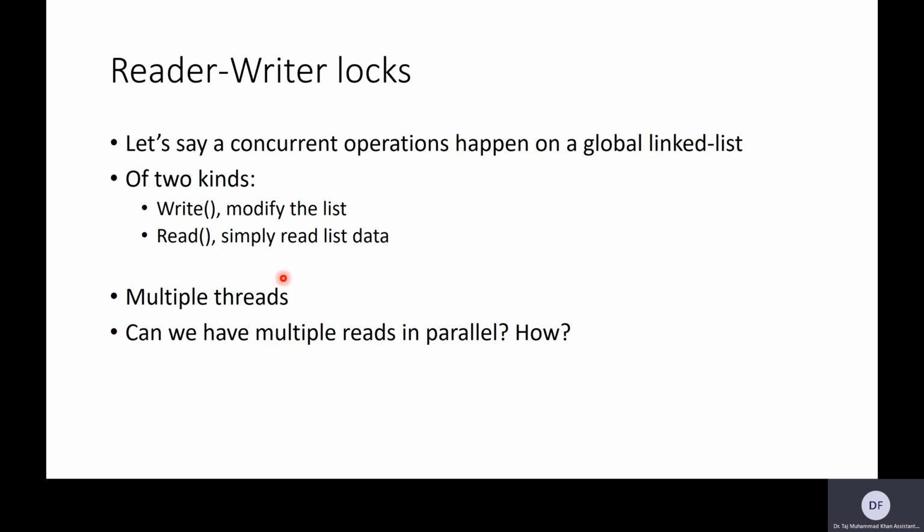But there are a lot of problems where the access that threads make to the shared variables is of two kinds. There are some threads who will be accessing the shared data for read-only purposes. And there are other threads who will be accessing the shared data in order to write or modify that shared data.